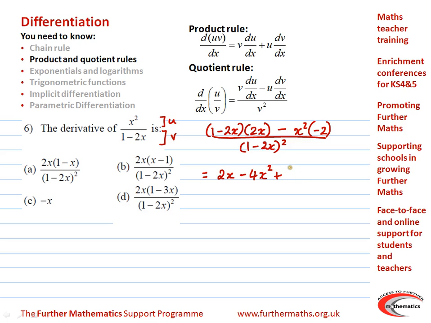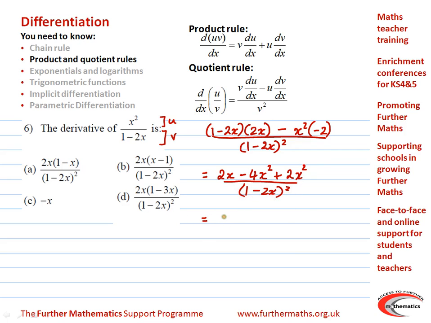Have I made a mistake somewhere along the track? Nope, I think that's okay. Minus 4x^2, minus 4x^2 plus 2x^2 in the numerator, and in the denominator we can put our v^2.